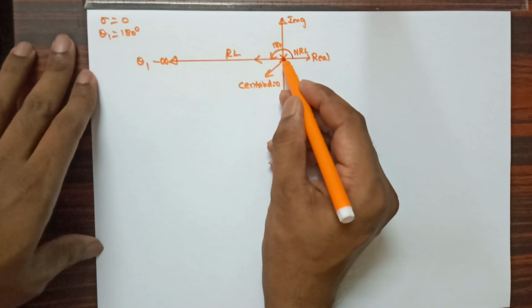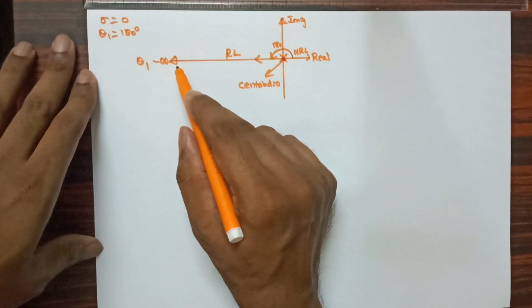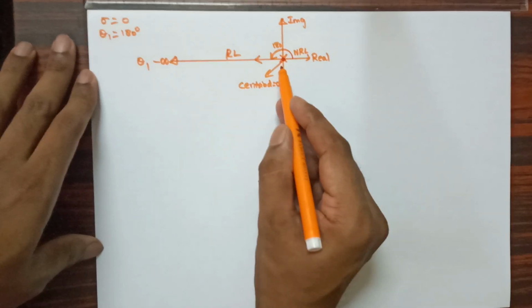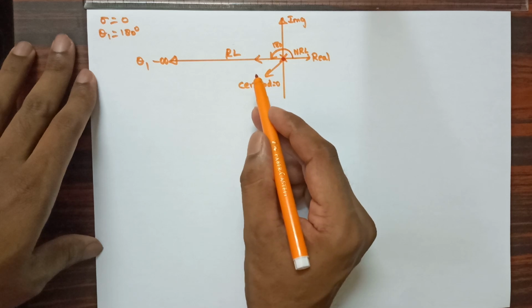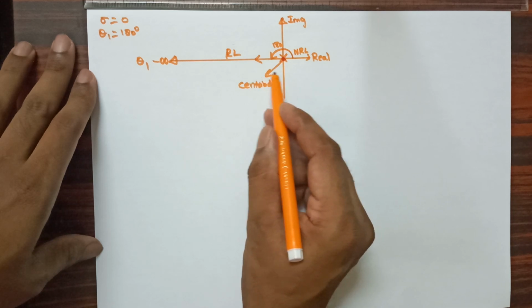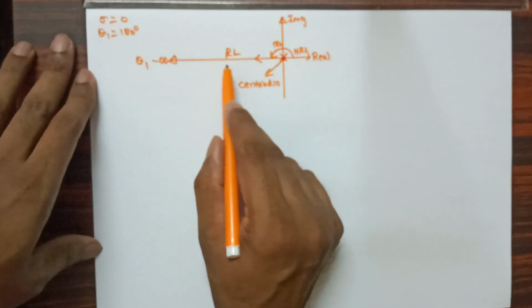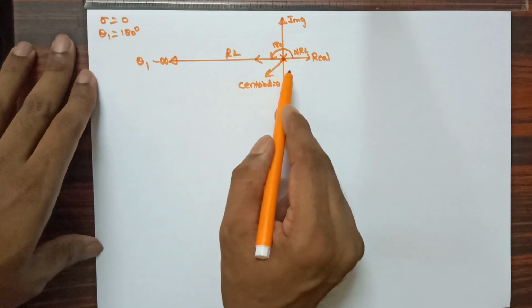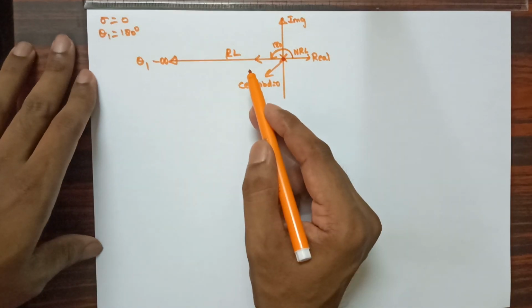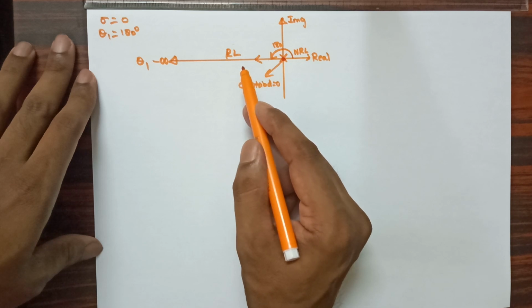So this pole will be moving till infinity by following an angle of 180 degrees. To comment on stability, you can see that the entire locus is on the left hand side of the S-plane, so this pole is moving towards infinity on the left hand side only.